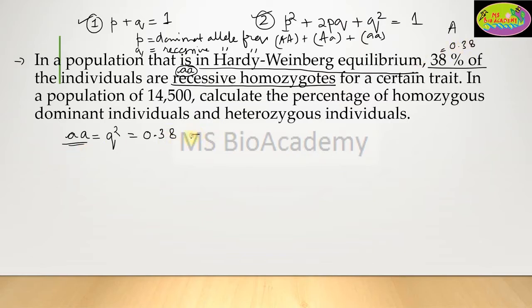So you can calculate the value of Q, that is the frequency of the recessive allele, by taking the square root of 0.38, which will come to some 0.616. So you get the value of Q, which is 0.616. Now how to calculate the value of P, which is the dominant allele frequency?